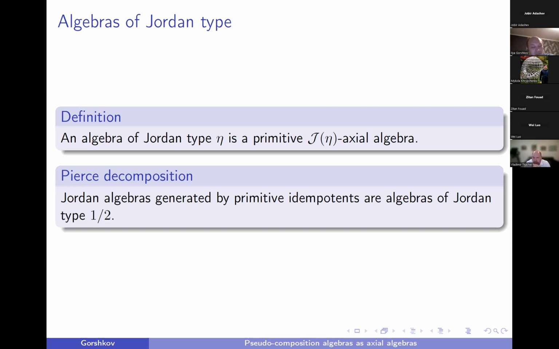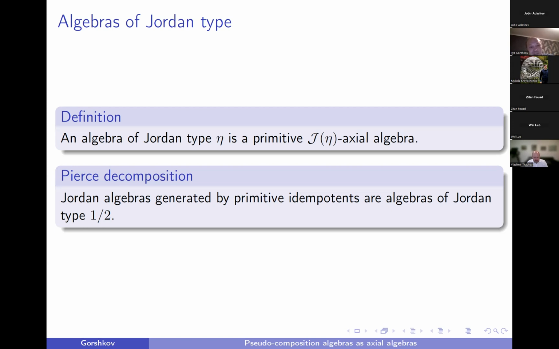If you take any idempotent in a Jordan algebra, the Peirce decomposition signifies that the whole Jordan algebra is a sum of eigenspaces of the adjoint operator of this idempotent, with eigenvalues 1, 0, and 1/2, with the fusion law of Jordan type 1/2.